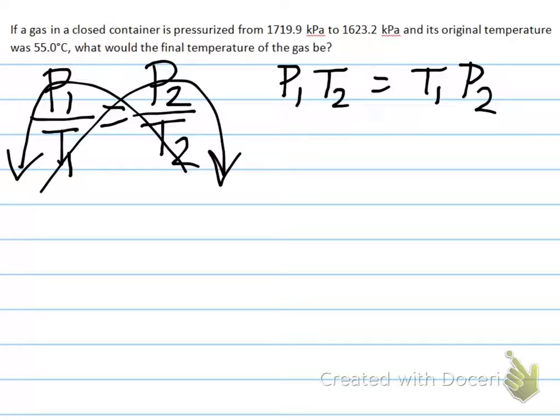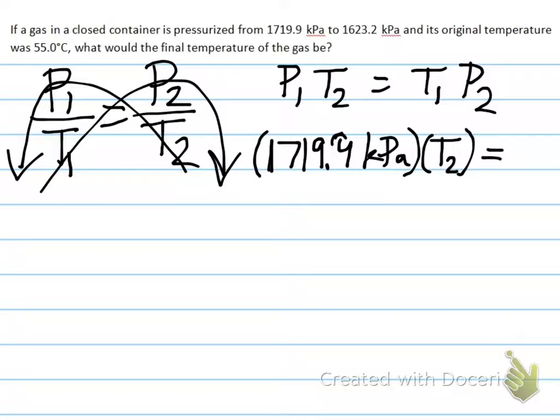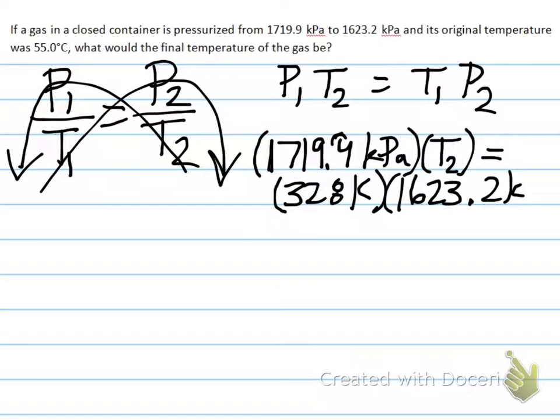So I can put my P1 as 1719.9 kilopascals, T2, and my T1, which was 328 Kelvin, and my P2, 1623.2 kilopascals. Okay, so I'm going to multiply.